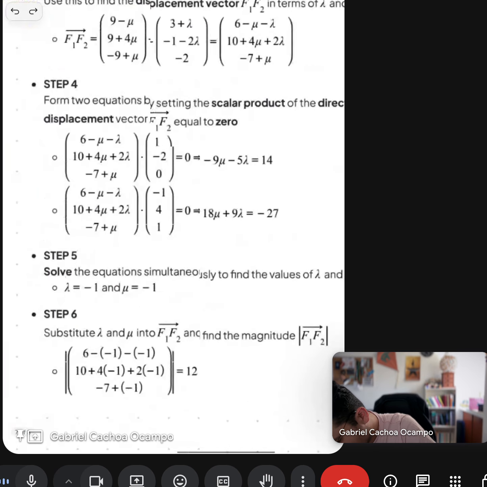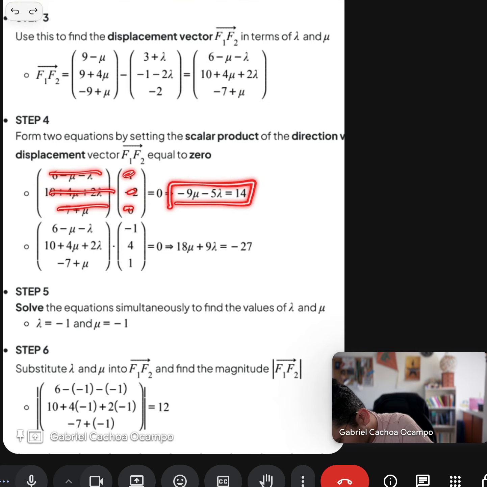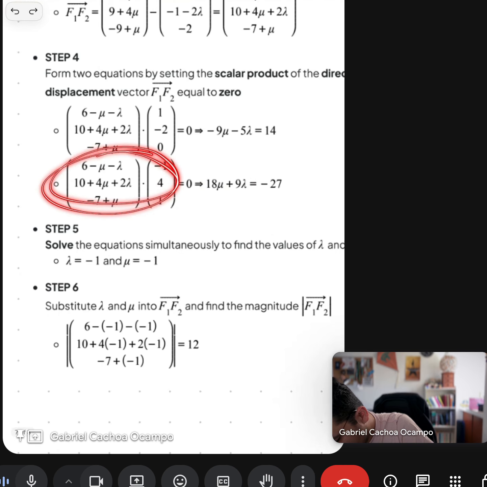So from my difference vector, I multiply it times the first line and make it equal to 0. I solve, and I get an equation that has two parameters. I do the same with the other line and get another equation with two parameters.